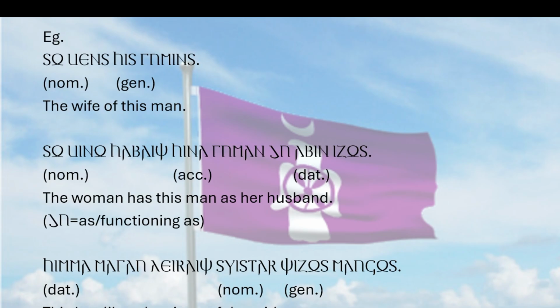For example, the wife of this man. The noun for wife is in the nominative. His, for this man, is in the genitive. So is the feminine nominative singular because it is a feminine noun which is in the nominative case.